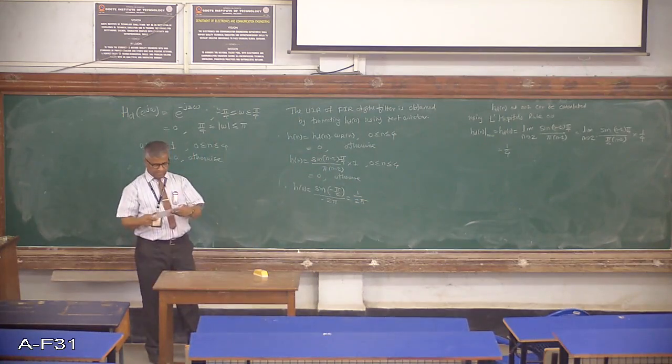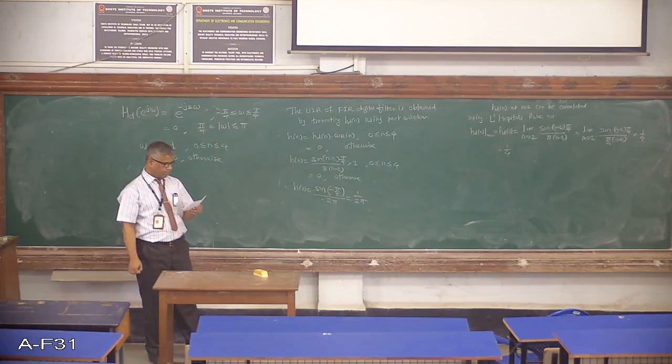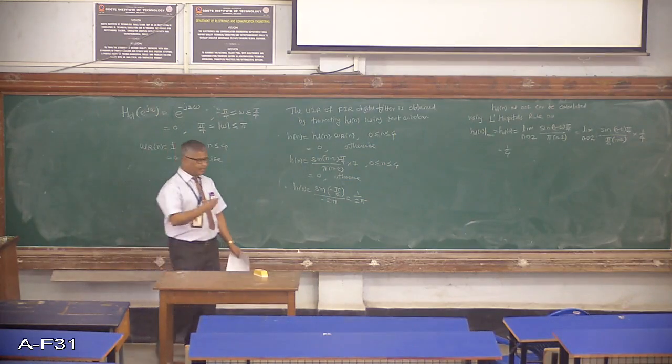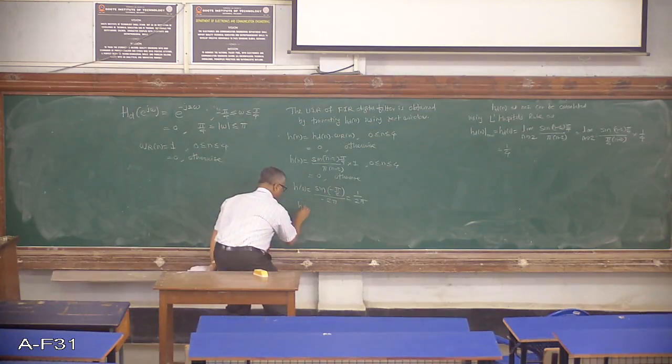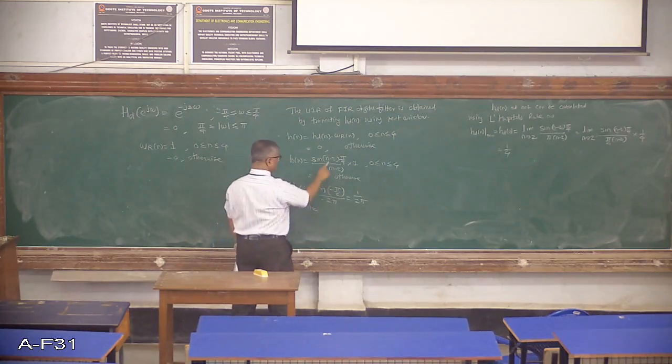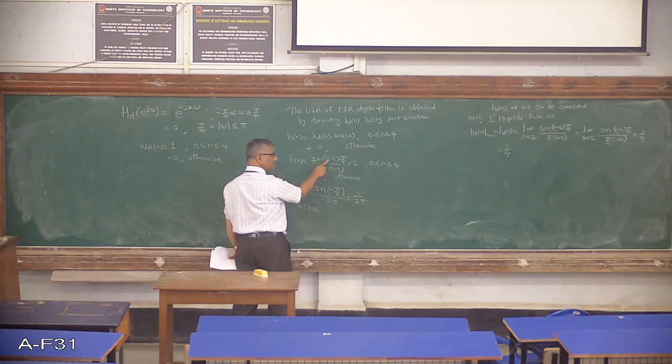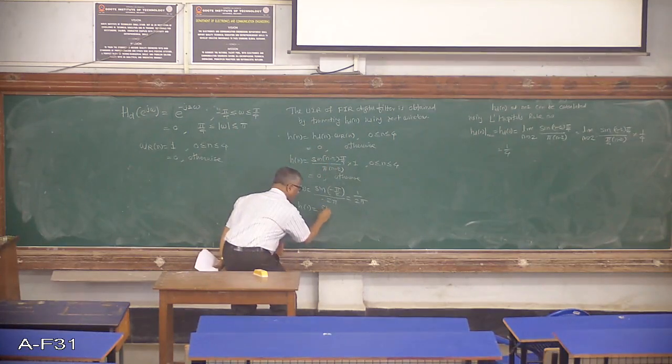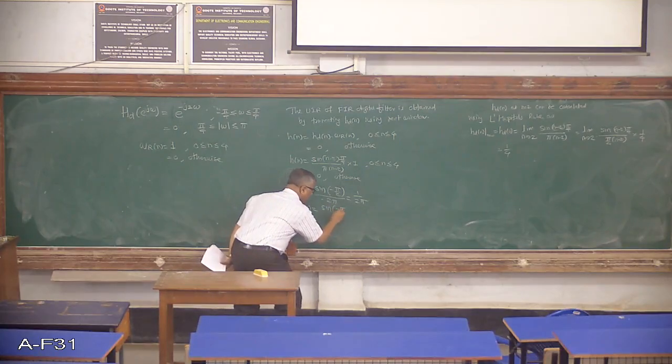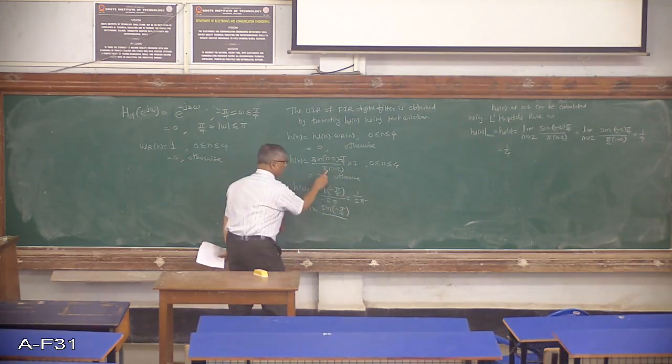This value you can check. So the filter coefficient at n is equal to 0, h of 0 will be 1 upon 2 pi. Let us go for n is equal to 1, h of 1. At n is equal to 1, I am getting sine of minus pi by 4 divided by minus pi.